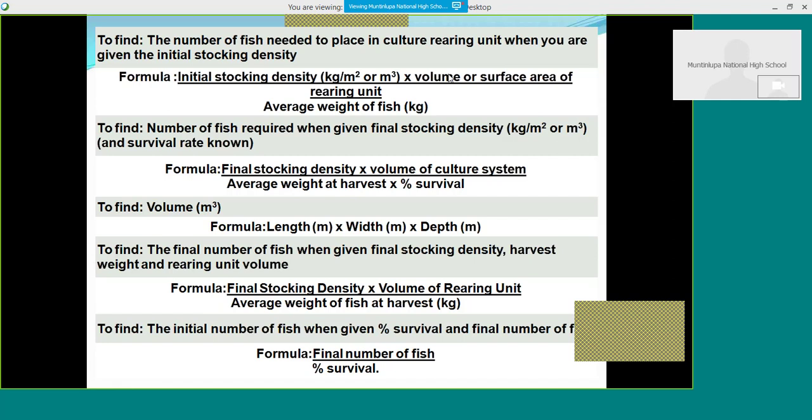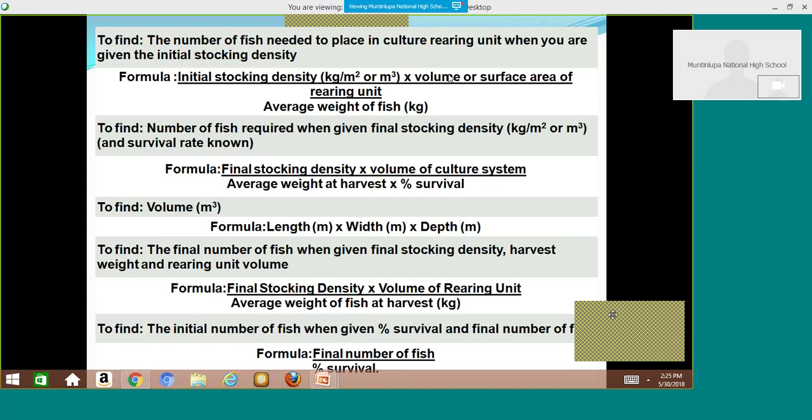To find the final number of fish when given final stocking density, harvest weight, and rearing unit volume, the formula is final stocking density times volume of rearing unit over average weight of fish at harvest, in kilograms. To find the initial number of fish when given percentage survival and the final number of fish, the formula is final number of fish divided by the percentage of survival.